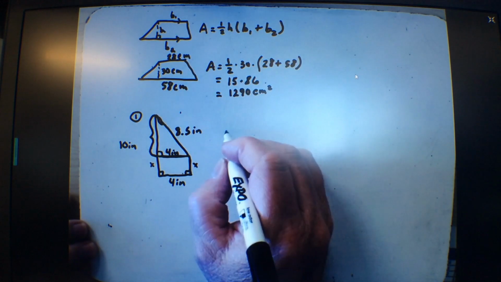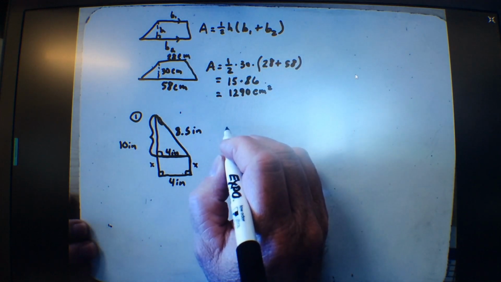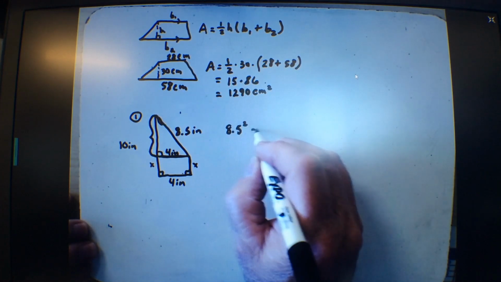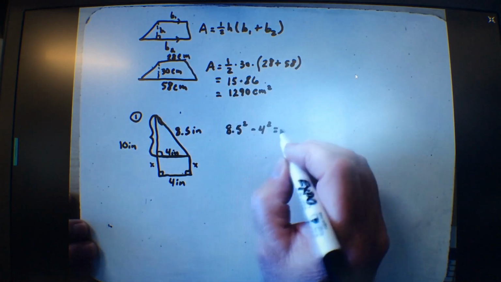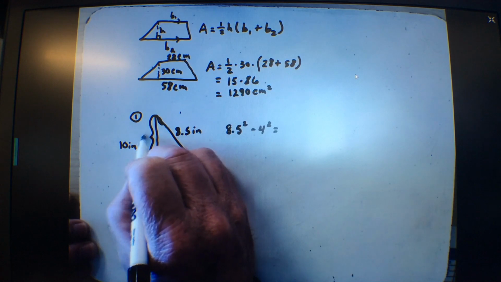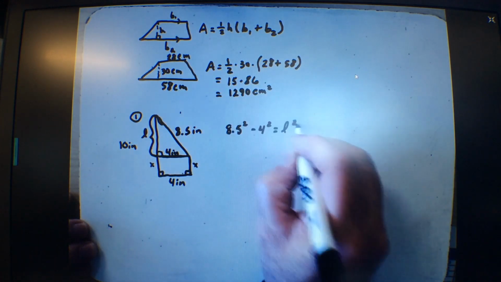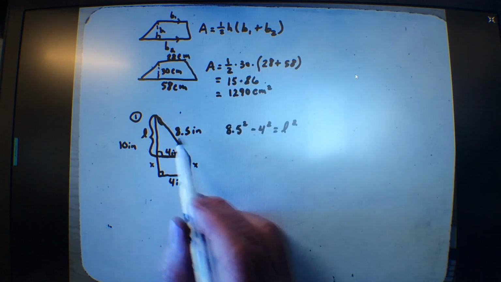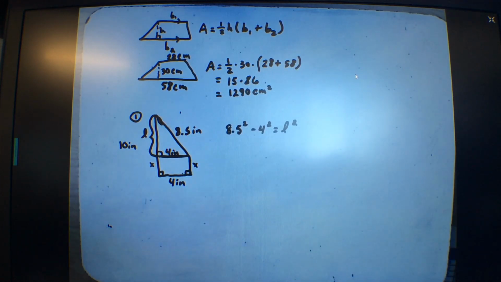So let's use the Pythagorean theorem. We would take 8.5 squared, subtract 4 squared, and that would give us L squared. 8.5 is the hypotenuse. I kind of switched the formula on you. Instead of leg squared plus leg squared, I took hypotenuse squared minus leg squared.